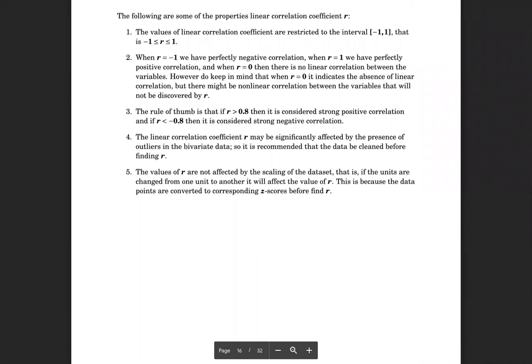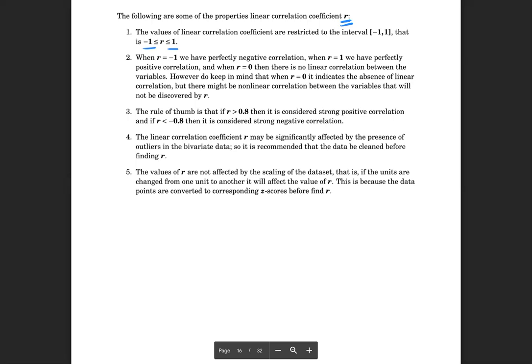The linear correlation coefficient, or Pearson linear correlation coefficient, falls between -1 and +1. That means the smallest value you could have is -1, and the greatest value you could have is +1.